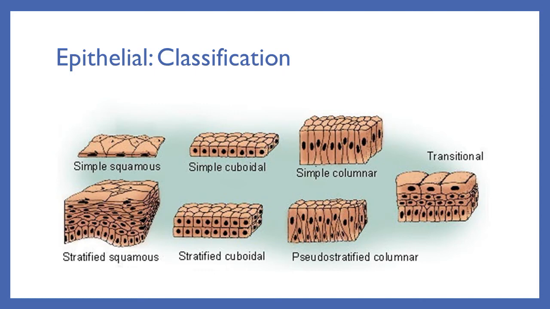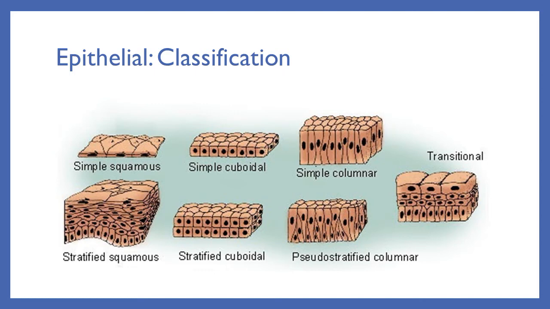This picture shows us the different types that we come across. Simple squamous, stratified squamous, that being one layer of squashed pancake-like cells or multiple layers of the squashed cells. Simple cuboidal, stratified cuboidal, that's one layer of cuboidal cells or multiple layers, in this case 2, of the cuboidal cells.